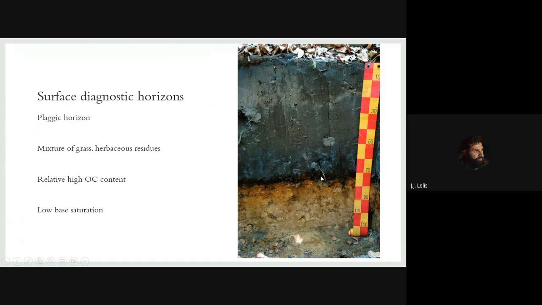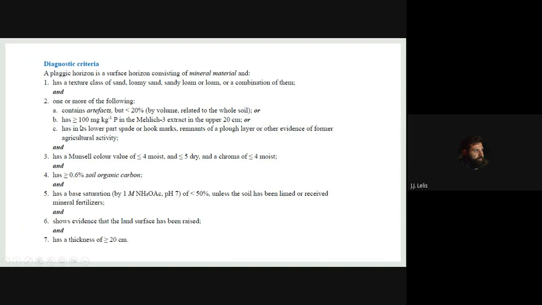A pretic horizon possesses a relatively high organic carbon and a low base saturation. It should possess artifacts. We don't have artifacts. It should possess a high content of phosphorus, so we also don't have this high content of phosphorus, so it's not a pretic horizon.